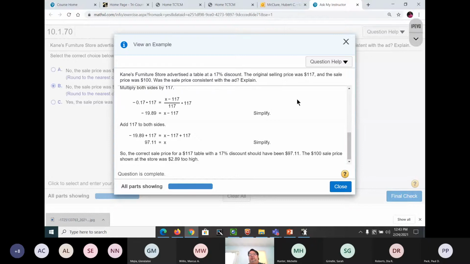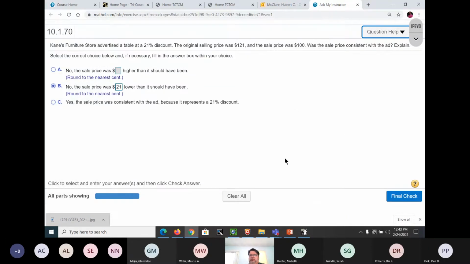Did somebody look in my notes and tell me, didn't we get $4.49? Somebody look in your notes. I'm going to figure this out because this is not what I've been teaching y'all, and this problem is way out of left field. Somebody look at your notes from Monday, please. Does anybody have notes from Monday?